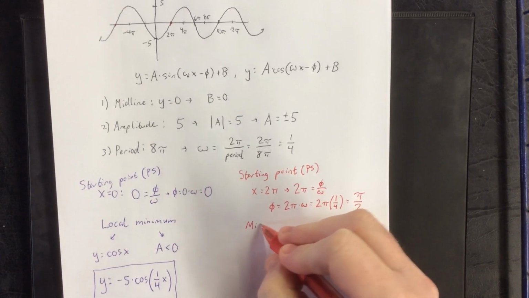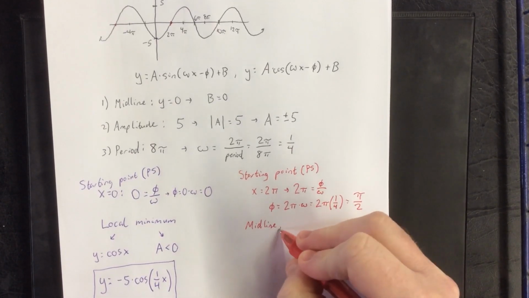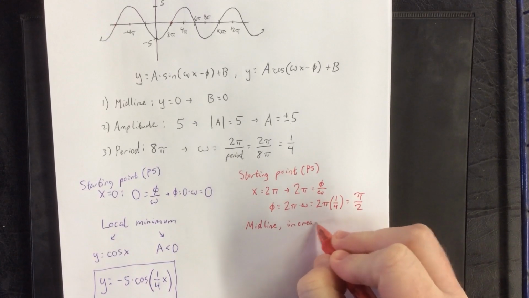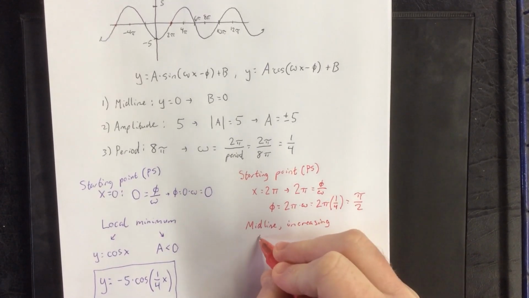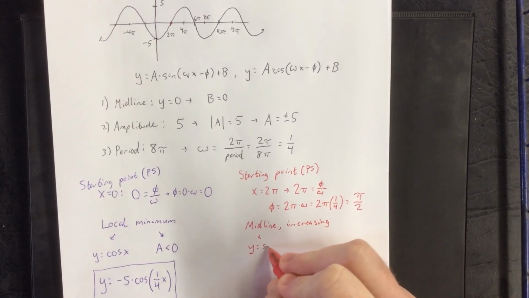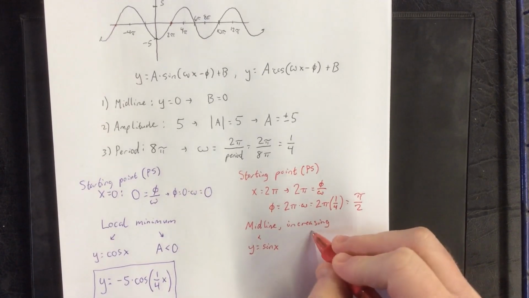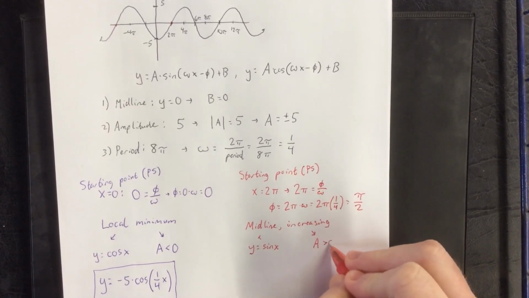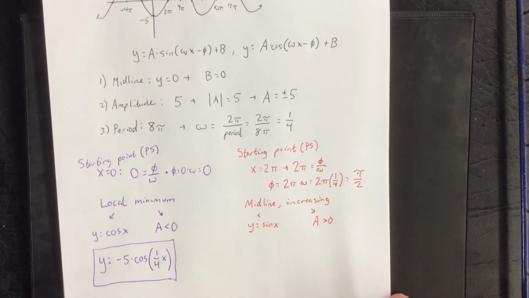The point where we decided to start is midline and increasing. Midline lets me know it's going to be y is equal to the sine of x for the mother function. Increasing means that a is going to be greater than 0.